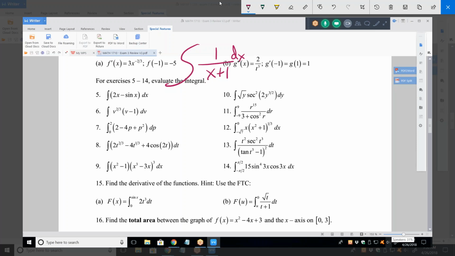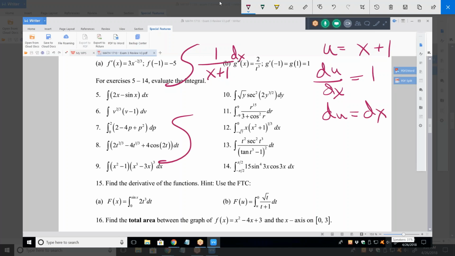But if I let u equal x plus 1, and now what's du dx? Well, that's just 1. So du equals dx. And by changing the variable, I turn it into something.